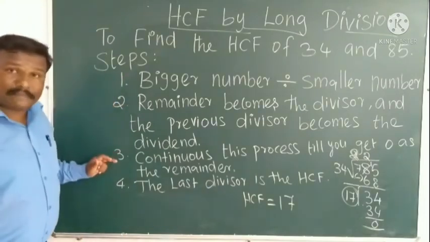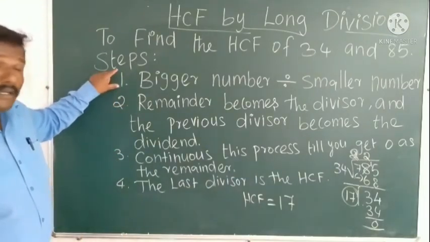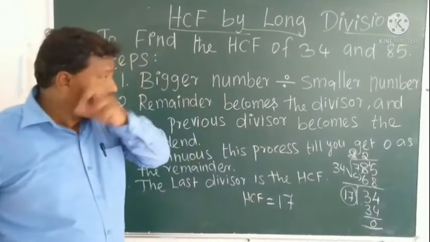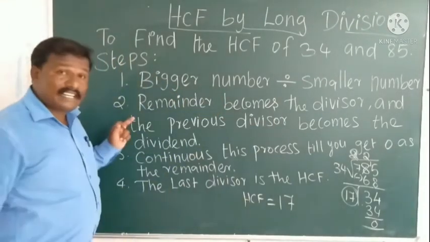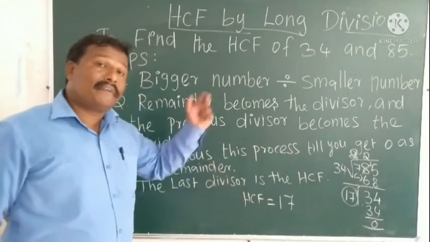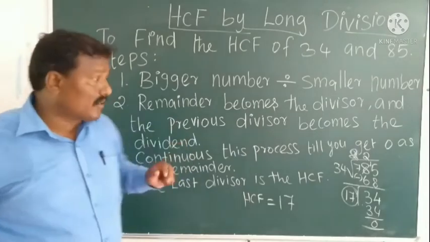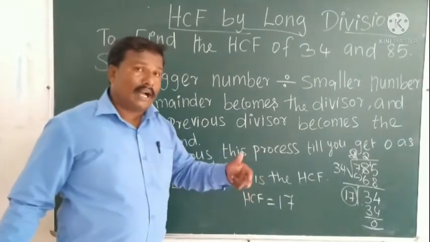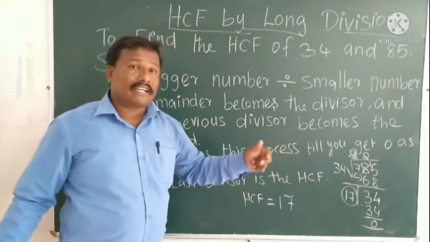So there are four steps. First step, take the bigger number as the dividend and the smaller number as the divisor. Second step, you get some remainder; that remainder becomes the divisor and the previous divisor becomes the dividend. Third step, continue until you get remainder 0.